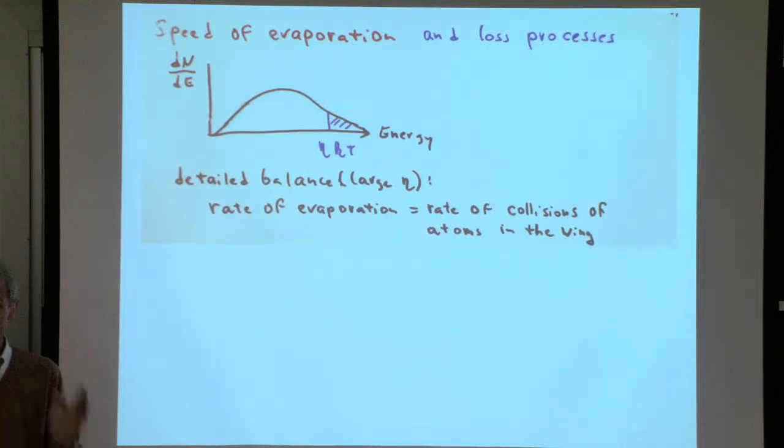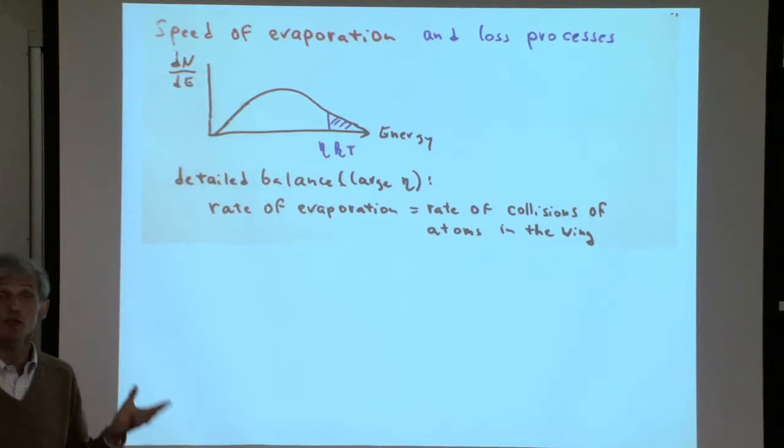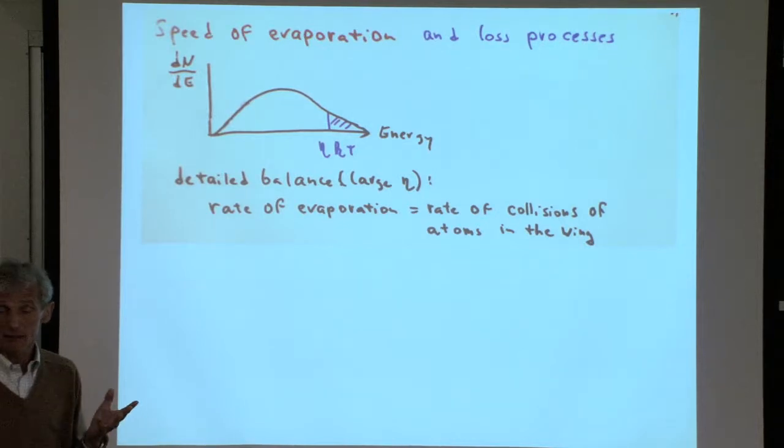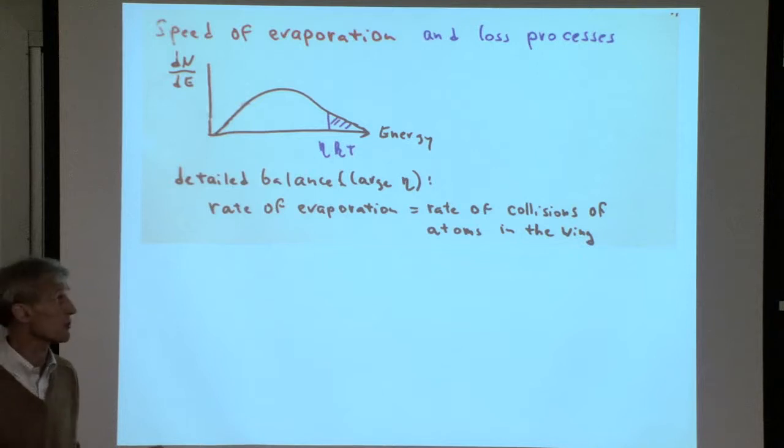And either you evaporate in this time budget, or you've lost your atoms for other reasons. So that's now what we want to bring in. We can't make a realistic model of evaporative cooling without putting in the constraint of time, and the time constraint is usually determined by losses, by unavoidable atom losses.